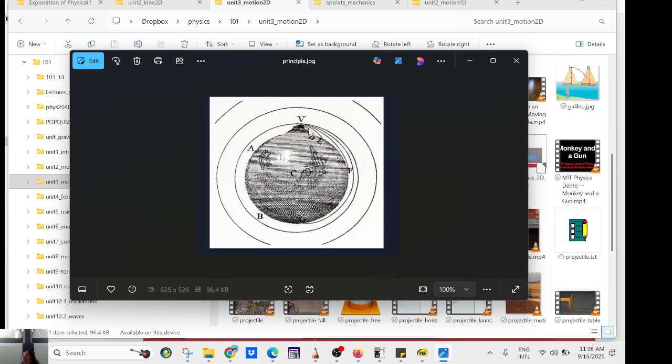Increase it even more, and it hits even farther. But if you get it just right, it will never reach the earth, because the earth is curving away at the same rate that the projectile is falling. So he figured out that with the right initial horizontal velocity, it will go into orbit.